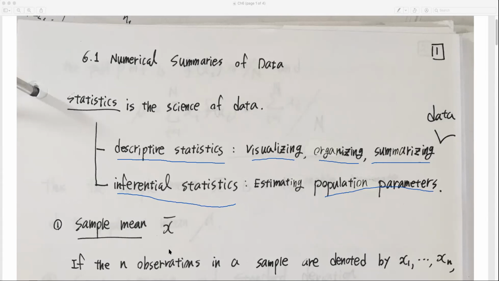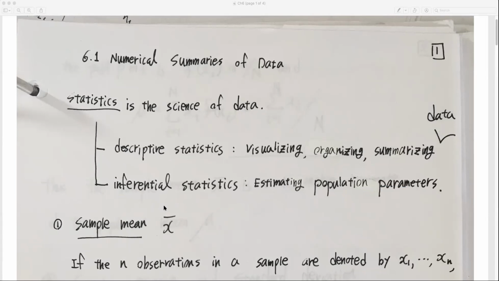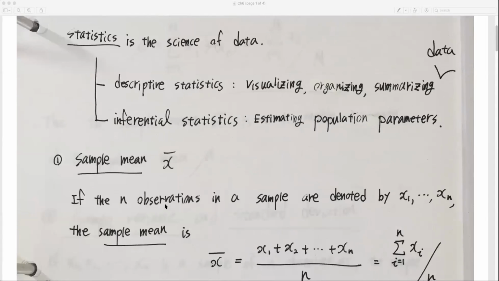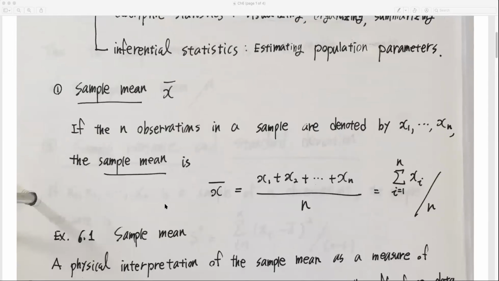So let's see. In chapter 6.1, I'm going to introduce many terminologies used very often in statistics. First one, sample mean, x bar.